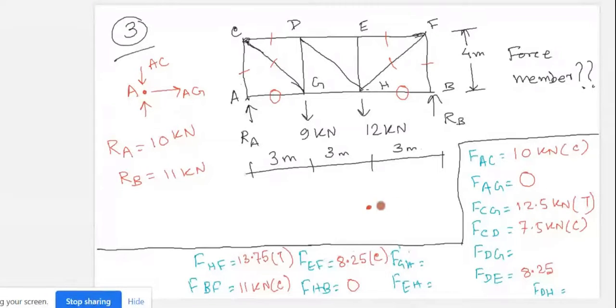Okay. So here EF, he said 8.25 compressive. So it is acting like this, and another force is acting like this. Then what will be this DE? This side or this side? Compressive, sir, compressive.